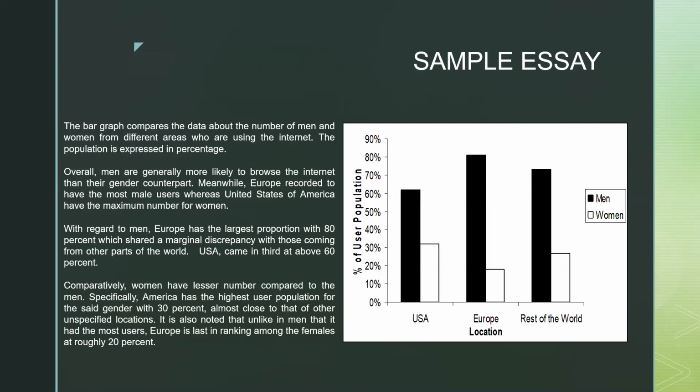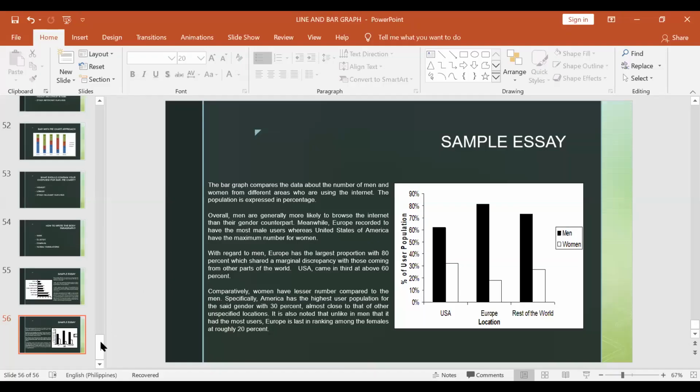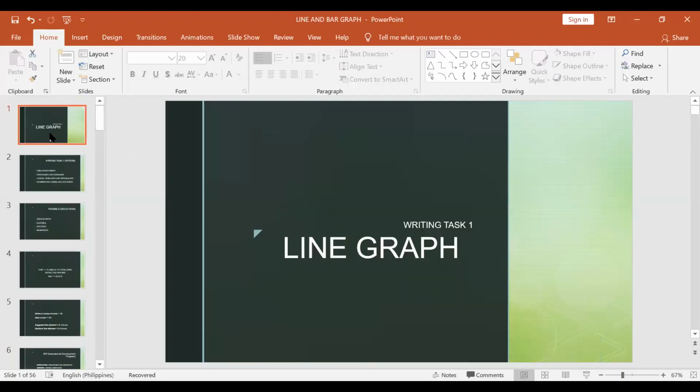So it depends. As long as you're able to study the vocabulary and the approaches, then definitely you can write a good output for this particular task. All right, so that's it for your writing task 1, line graph and bar graph.